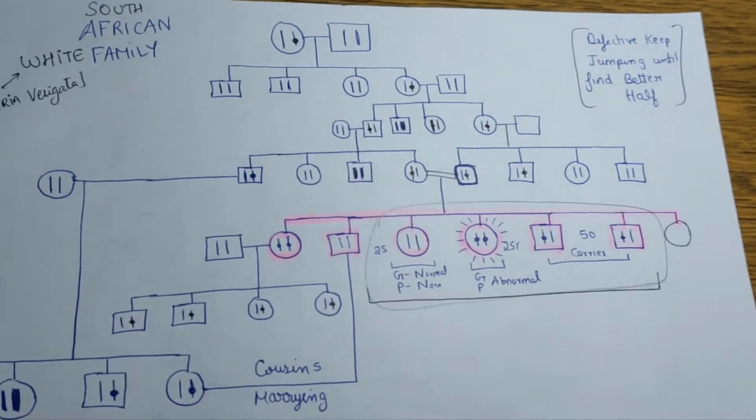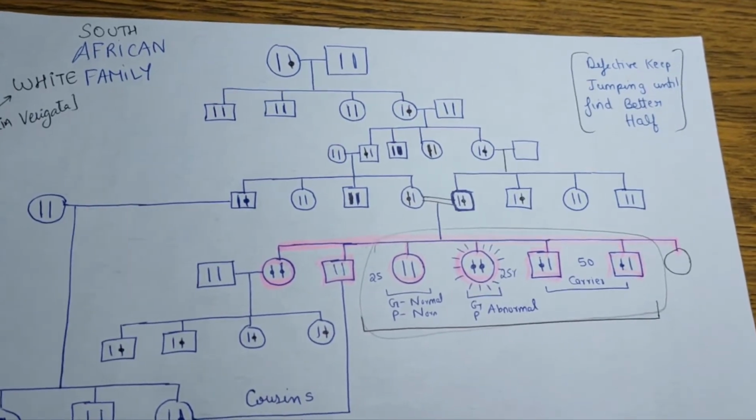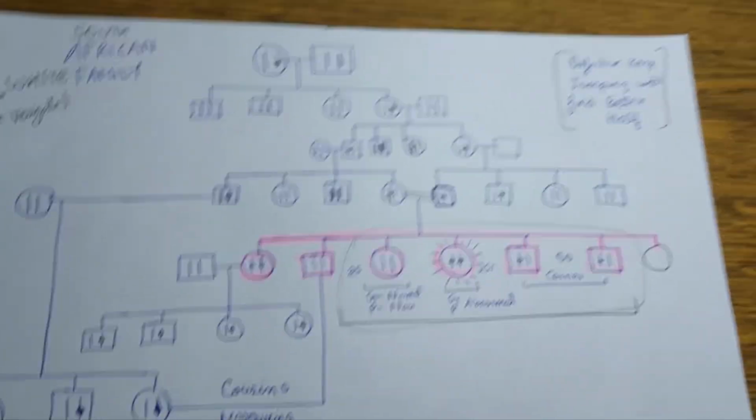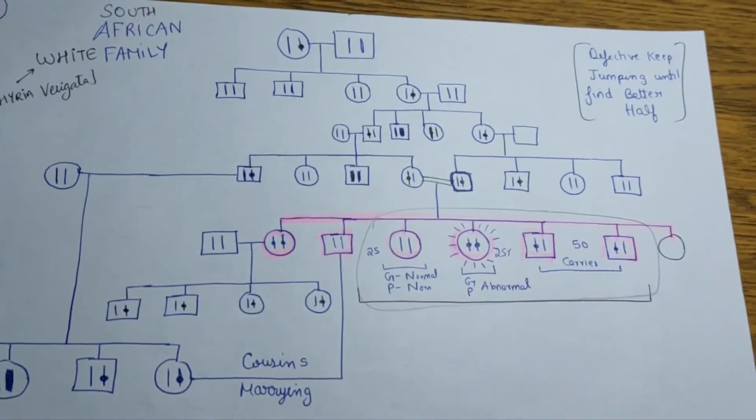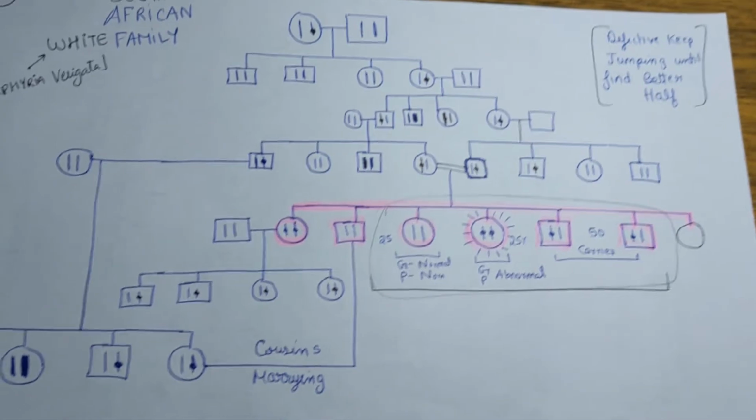So generation after generation, the carrier gene was passed on to further generations. But the disease Porphyria variegata was not expressed until the defective gene found its better half, another defective gene, to form a homozygous individual genotypically.